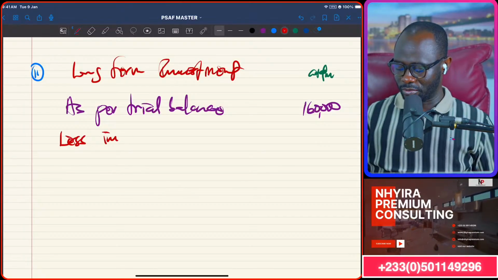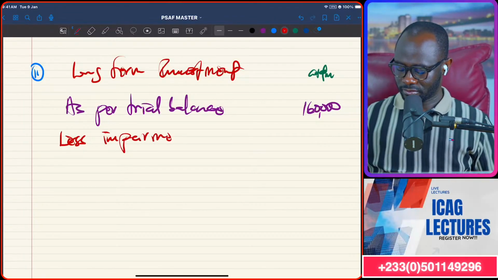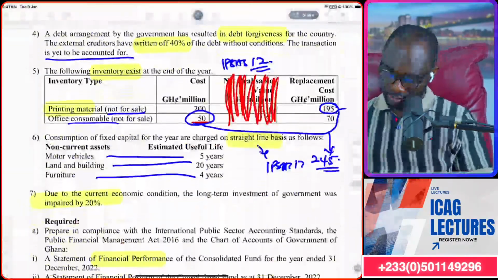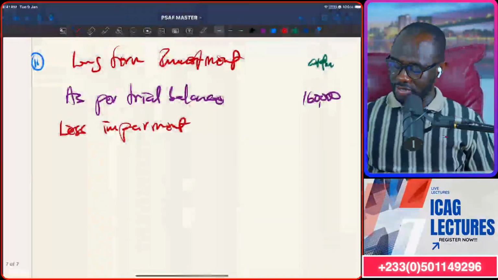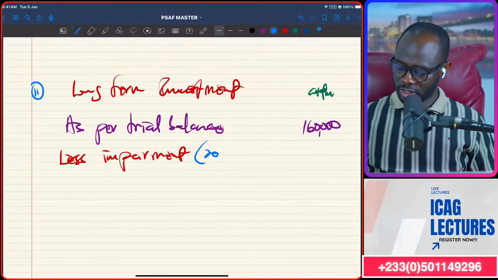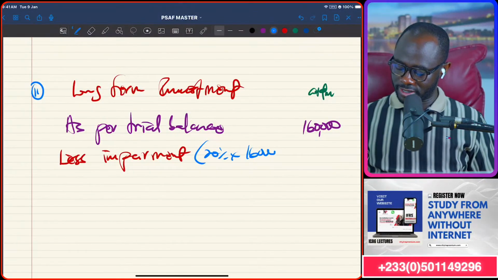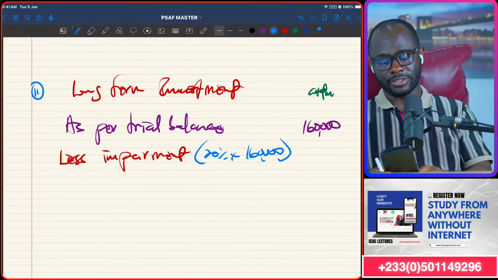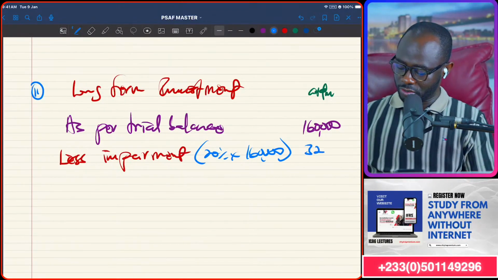So we less the impairment. They said it has suffered an impairment of 20%, has been impaired by 20%. So 20% of the 160,000, so 0.2 times 160,000, that's 32,000.